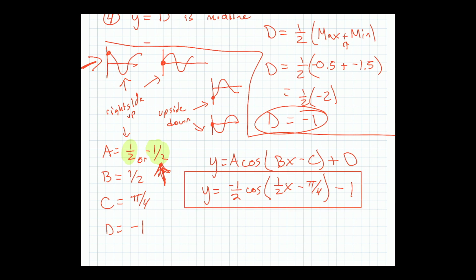I'm going to type this into the computer just to make sure there are no surprises, but that should be fine. 0.5 x minus pi over 4. Oh, I have to actually type in a pi from the thing. I hate it when they do that. Pi. And then -1. Submit. Yeah, I did it.